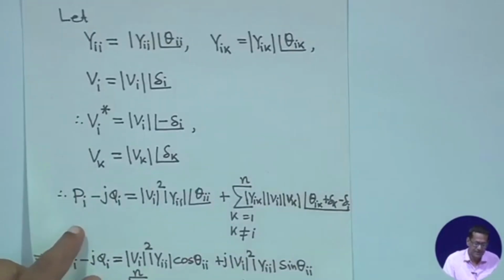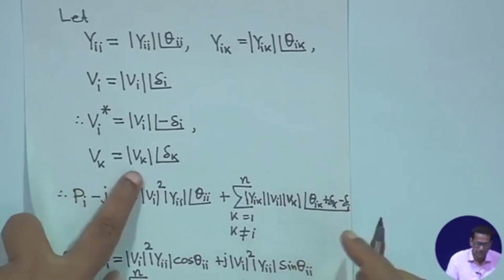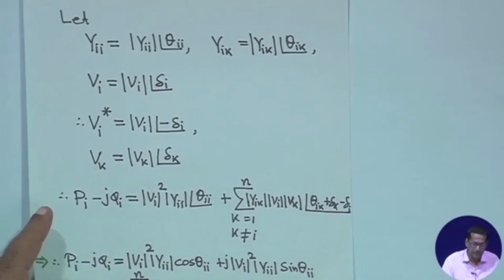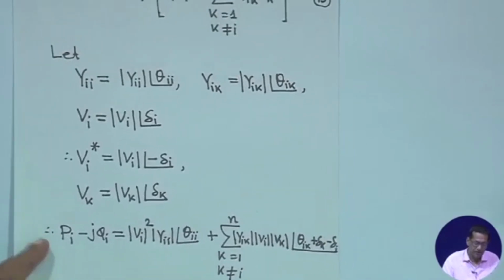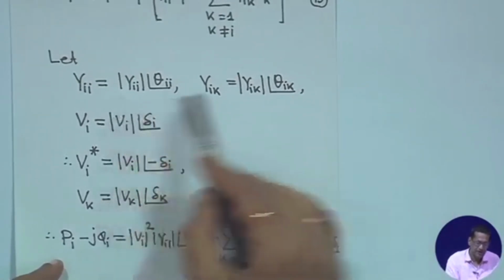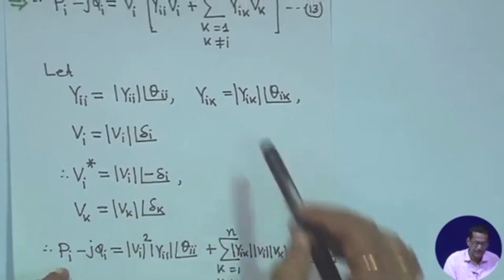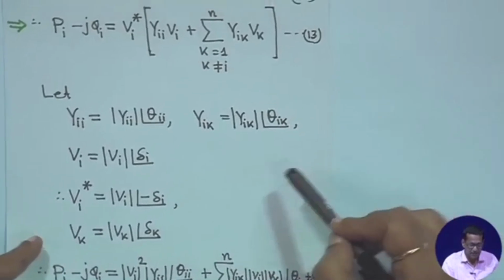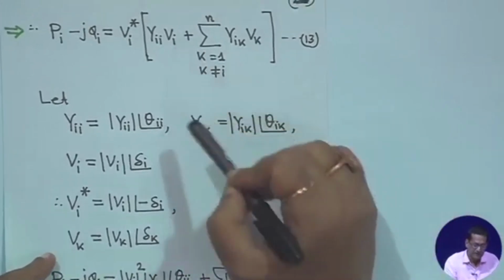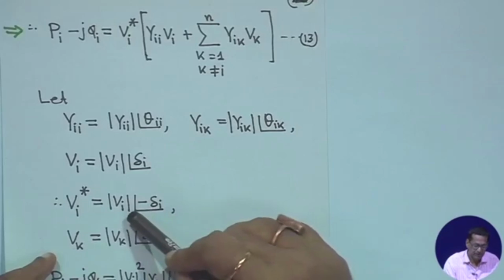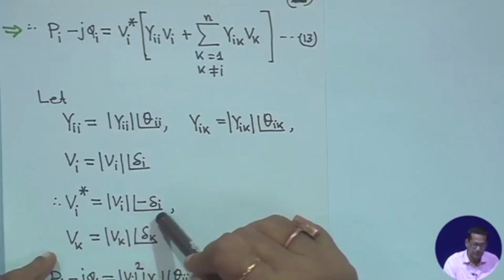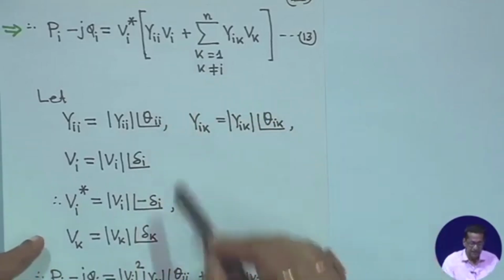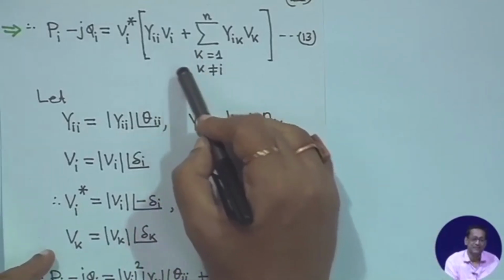Similarly, Vk is magnitude Vk angle delta k. You can substitute all these values of Yii, Vi, Vk here and simplify.